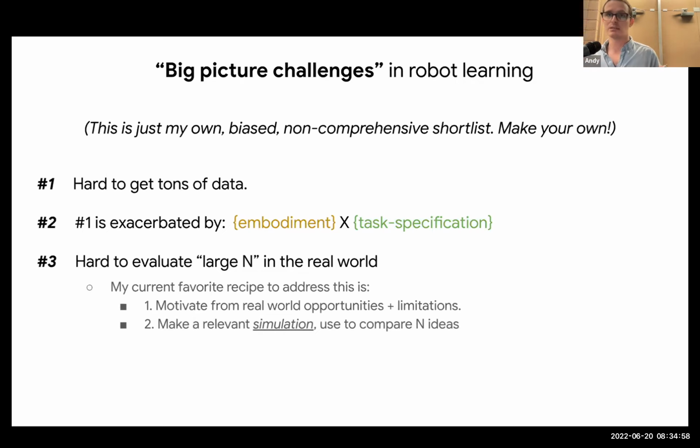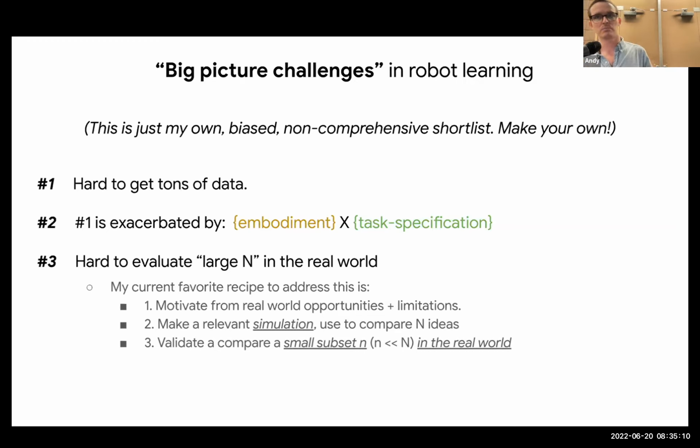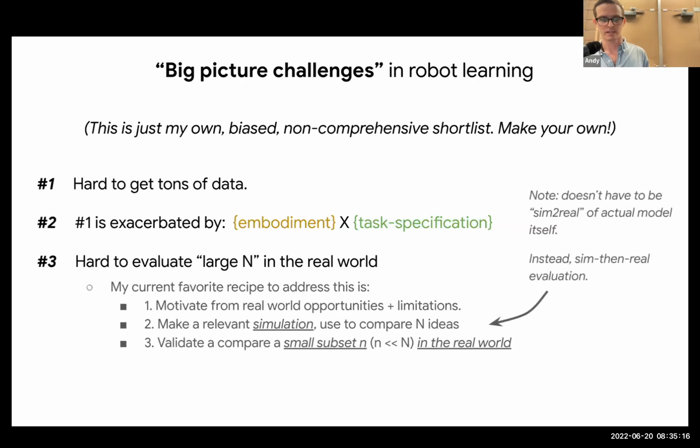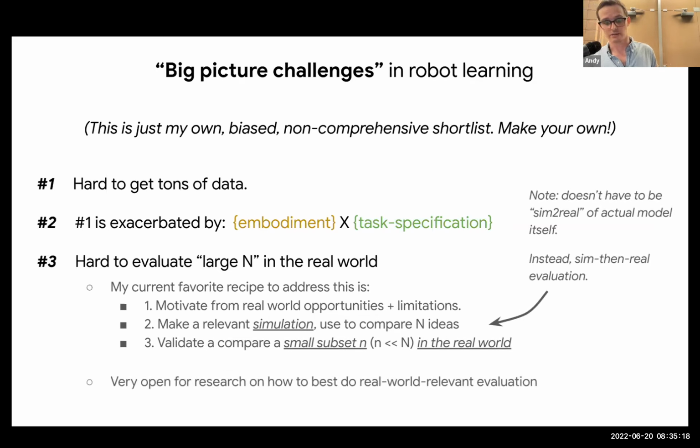Use the sim to compare your full set of different ideas, then cull that full set down to some small subset and validate and compare those things in the real world. This is my current favorite practical recipe for addressing this problem, but it is certainly very open for research on how to do good real world evaluation.